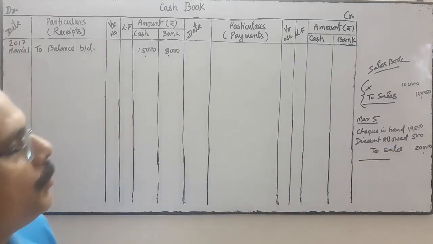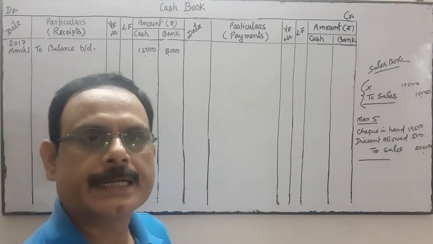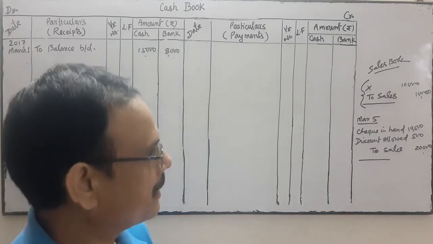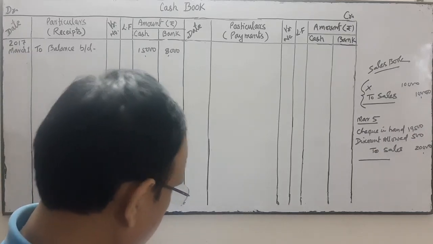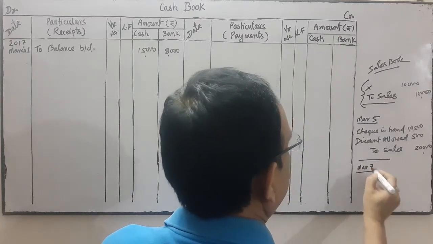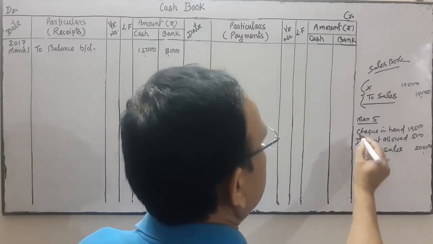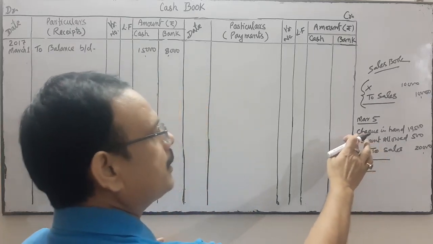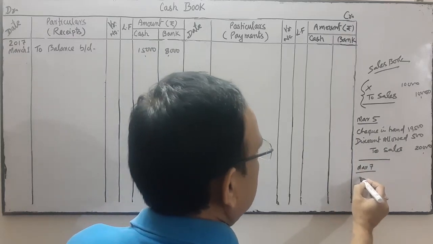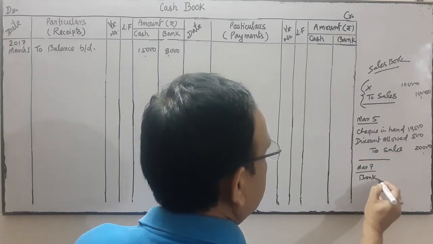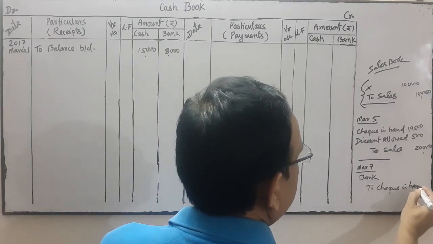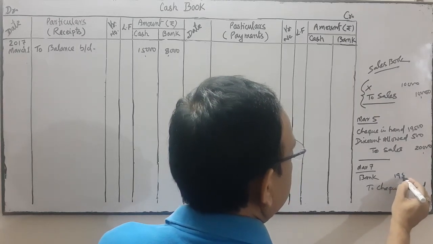Where will this entry be recorded? This entry will be recorded in the journal proper. And on March 7, this check is deposited into the bank. This check which was received on March 5 is deposited on this day. When the check is deposited, bank account debit to check in hand, 19,500.